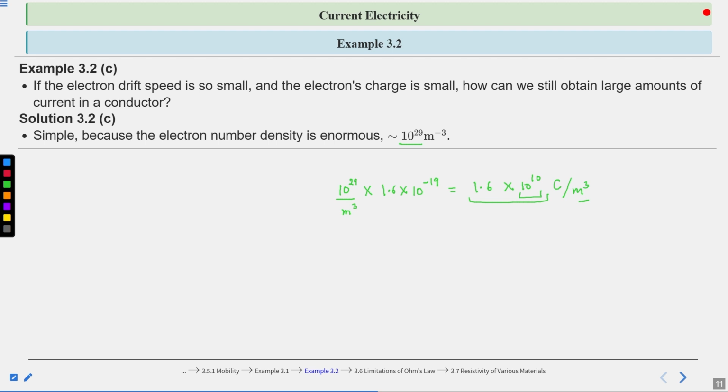This amount of charge is present per meter cube of the conductor due to the large number density of electrons present in a conductor. Even if the drift speed is small and the charge on an electron is small, the number density is very large, due to which the charge present in the conductor per meter cube is very large, and so we obtain large amounts of current in a conductor. Okay.